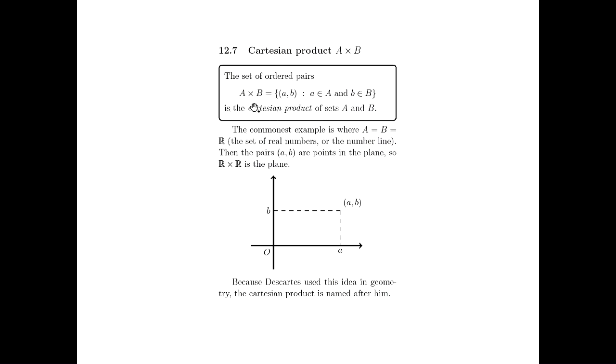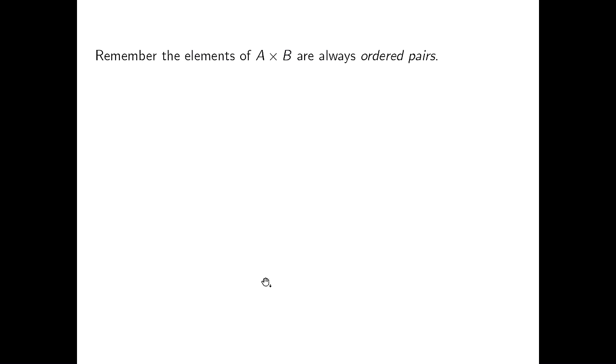The reason this is called a Cartesian product is if you take all the real numbers cross the real numbers, then you get the set of all ordered pairs whose first coordinate is a real number and whose second coordinate is a real number. Of course, that is just the Cartesian plane, or you can think of it as the Cartesian plane if you want to think of them as x and y coordinates, right? But we can do Cartesian products with any sets we like.